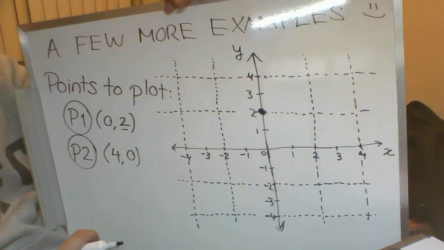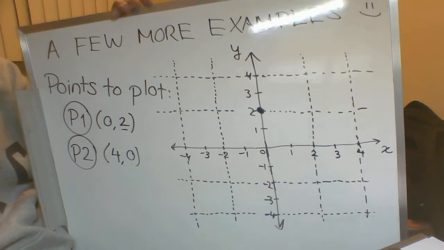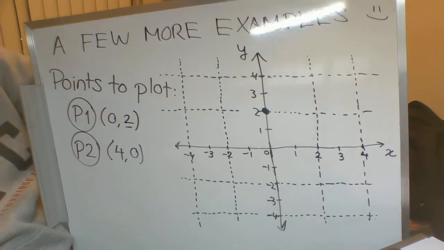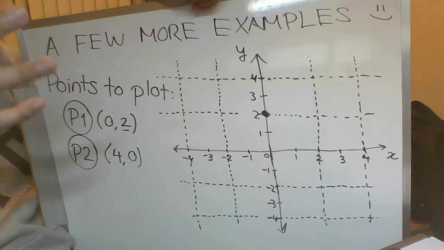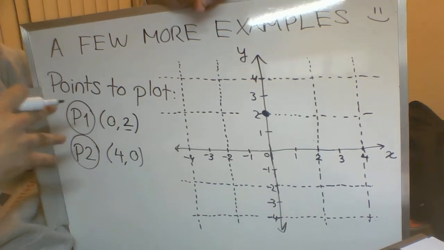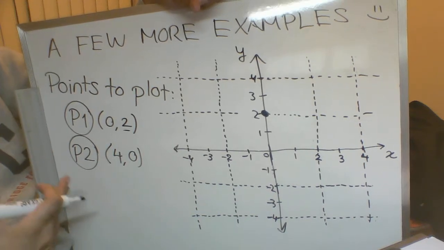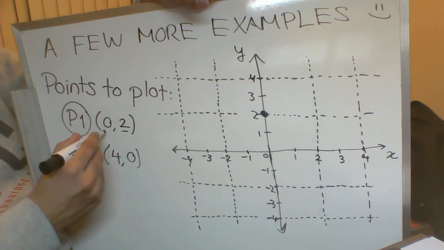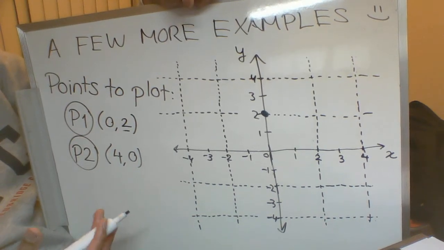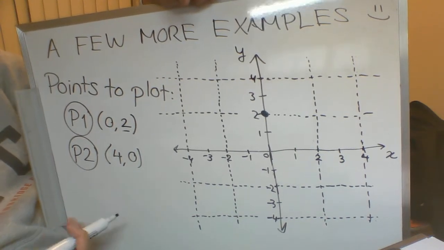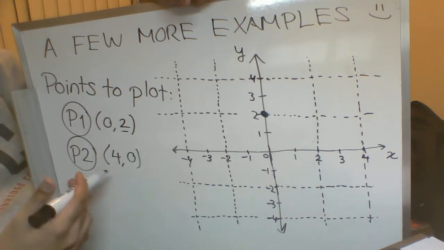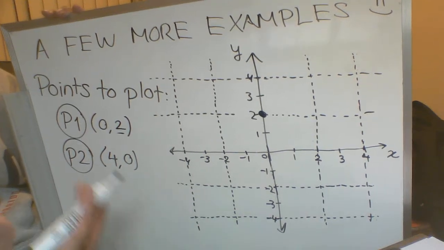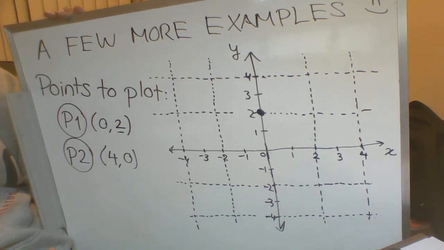All right, we should hopefully be getting pretty good at figuring out where the points go. It's everything else that I understand still takes some time, like finding the slope and putting it all together in the equation. I get that that takes time and practice, but hopefully we're getting more used to actually plotting the points. It's just instructions: if you start at 0, the first number is telling you how many steps you have to go to the right or to the left only if it's negative, and the second number, the one after the comma, is telling you how many steps you need to go up or down only if it's negative.